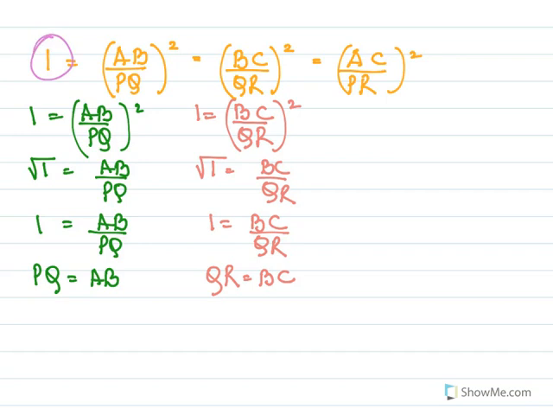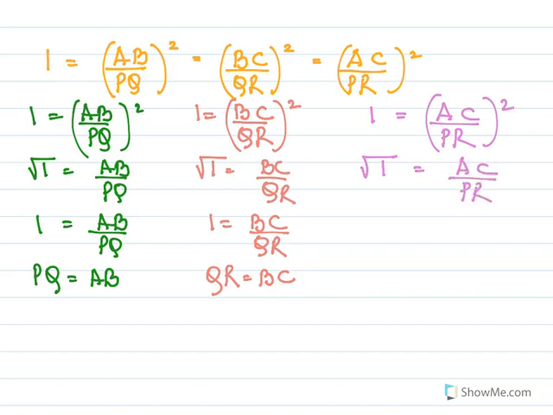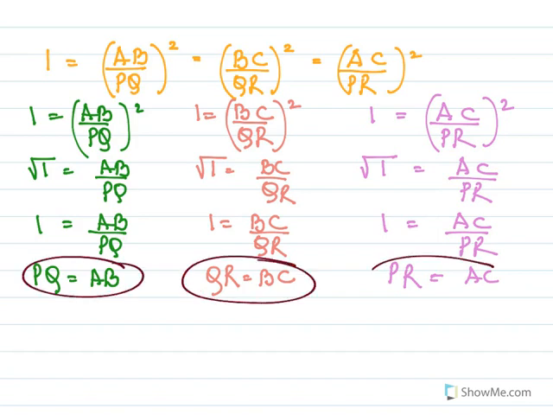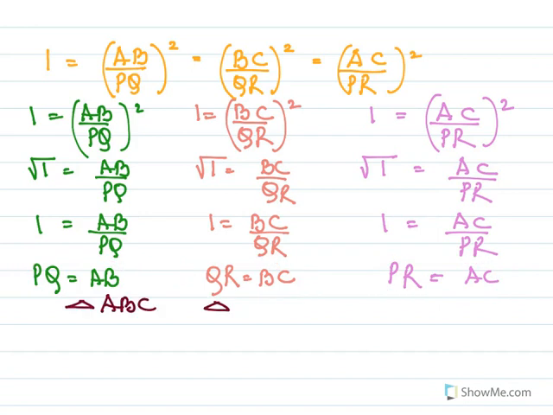And now for the third, 1 is also equal to AC over PR the whole square. Taking the square root, 1 equals AC over PR. So we have PR equal to AC. Now if you look very carefully, in these two triangles the three sides are equal: AB equal to PQ, QR equal to BC, PR equal to AC.